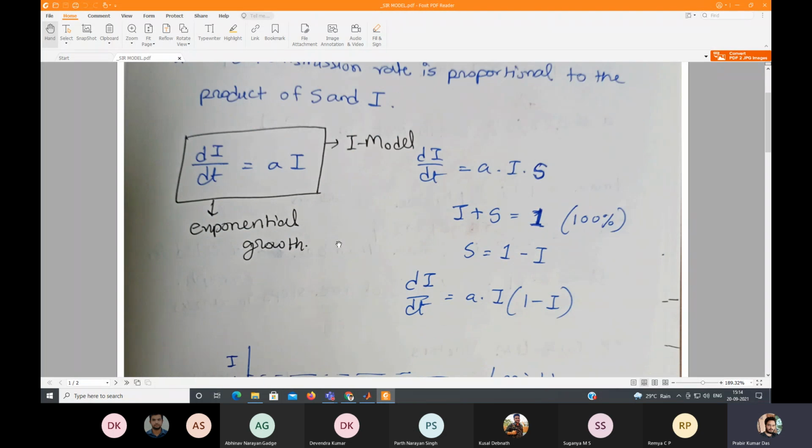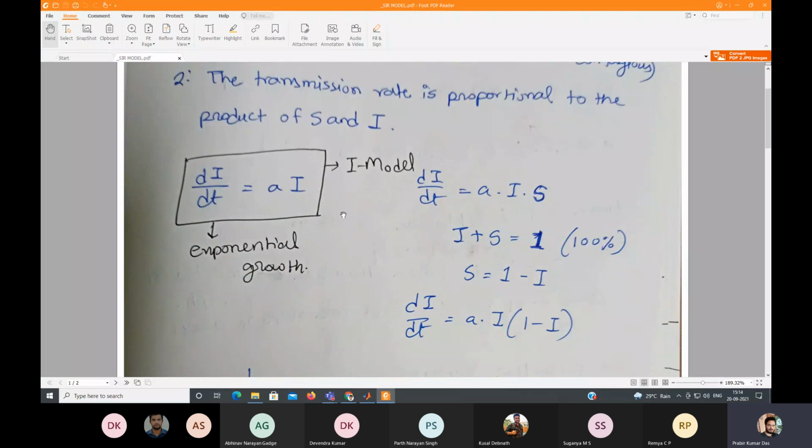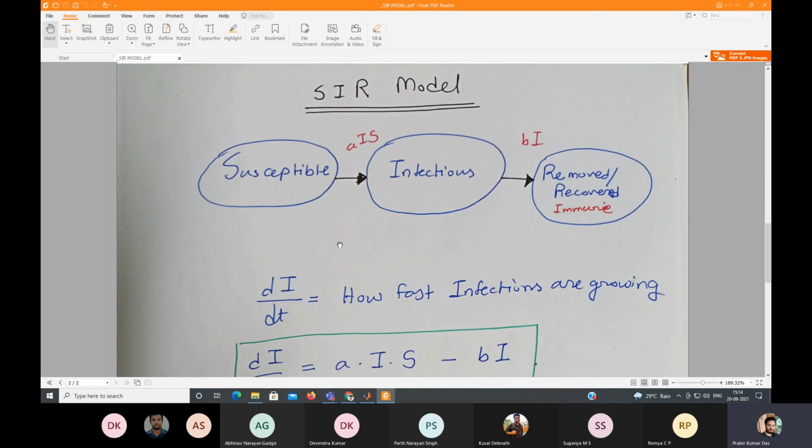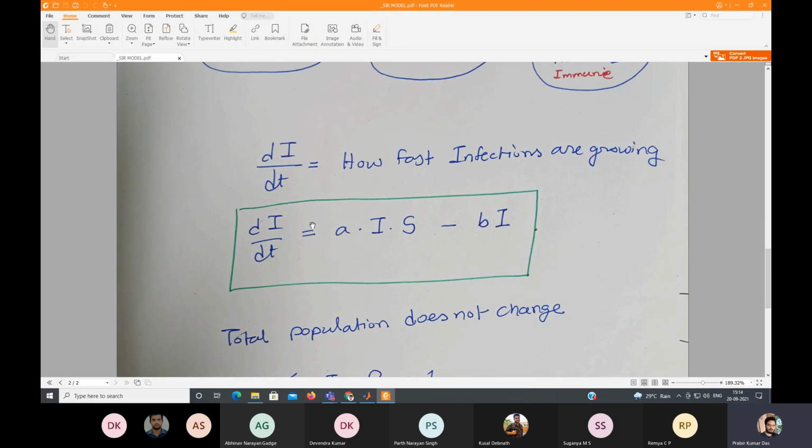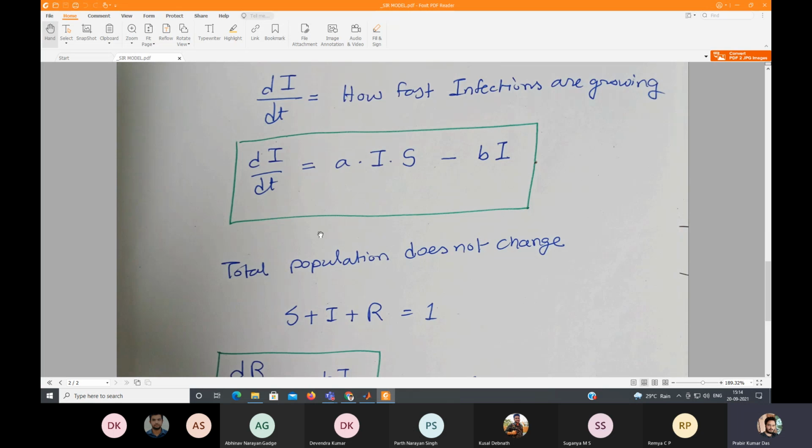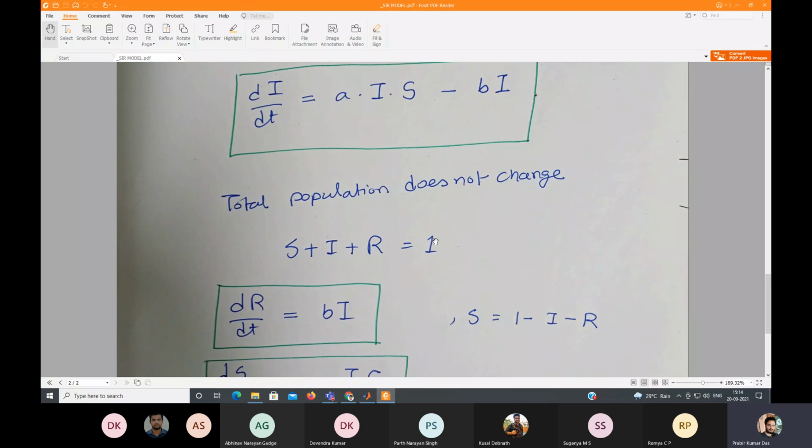But later we will introduce this S variable. First we will consider that N is the total number of population. We assume N is 1 for the simplicity of our calculation, because we do not have the actual data or actual number of population.